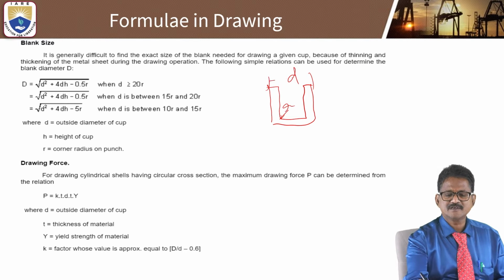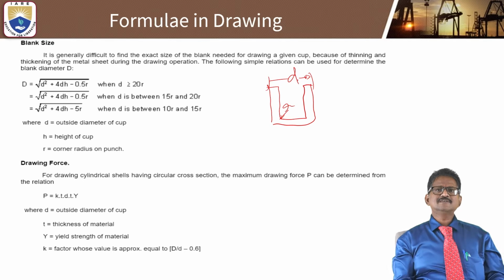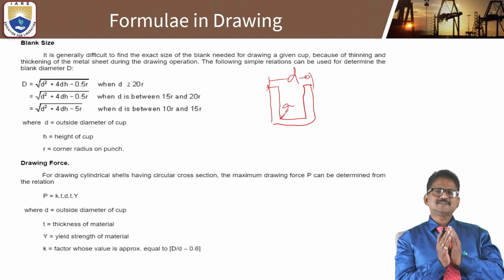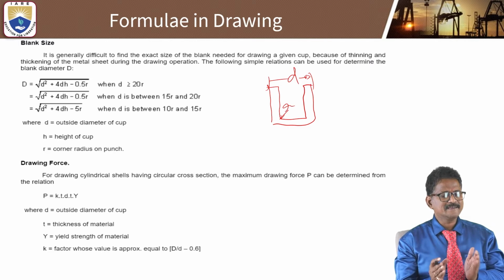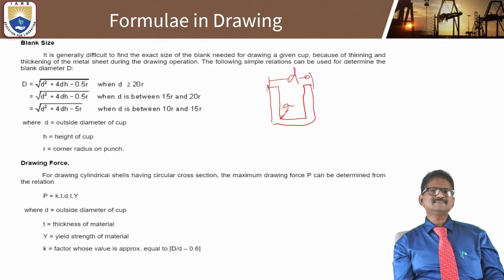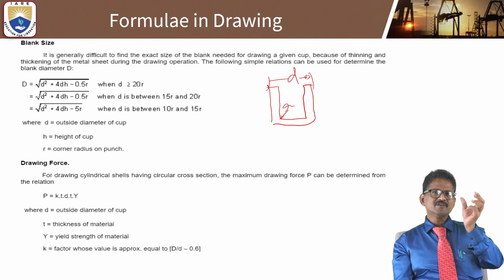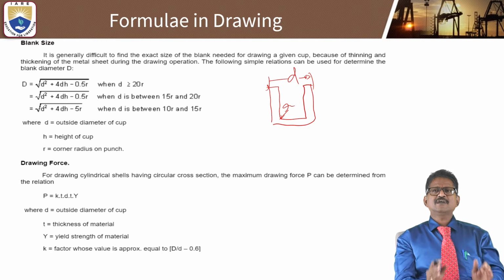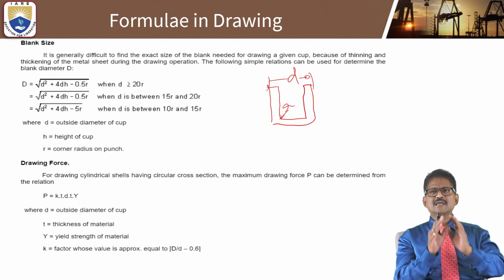In general, when you want to determine the diameter of the blank, the blank diameter capital D can be determined very easily, but it is generally difficult to find the exact size of the blank needed for drawing to give a cup shape.